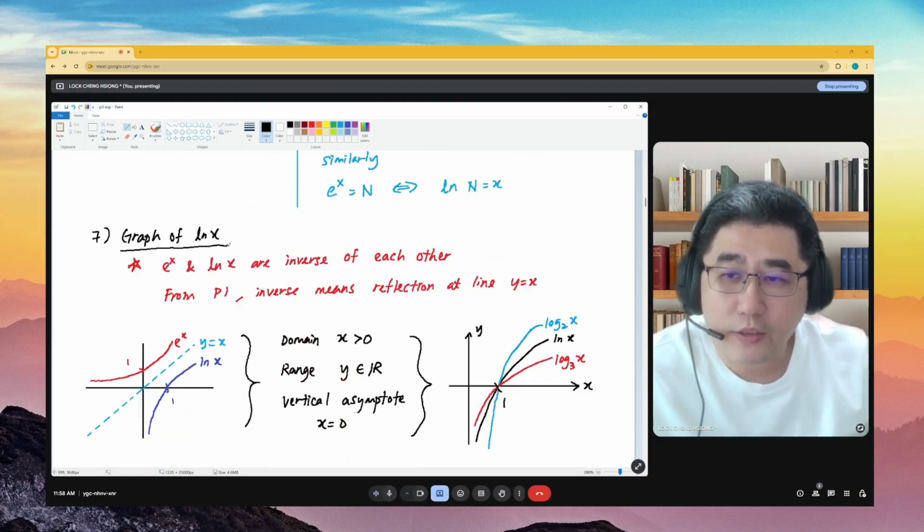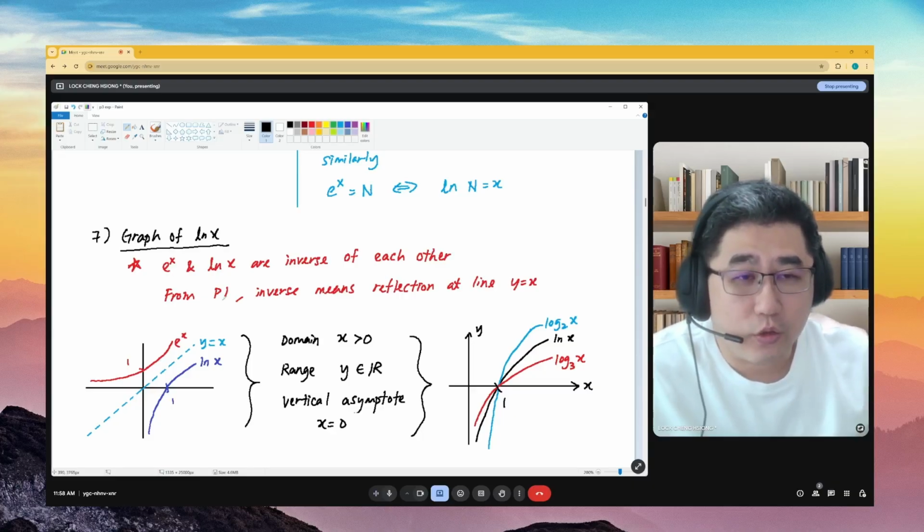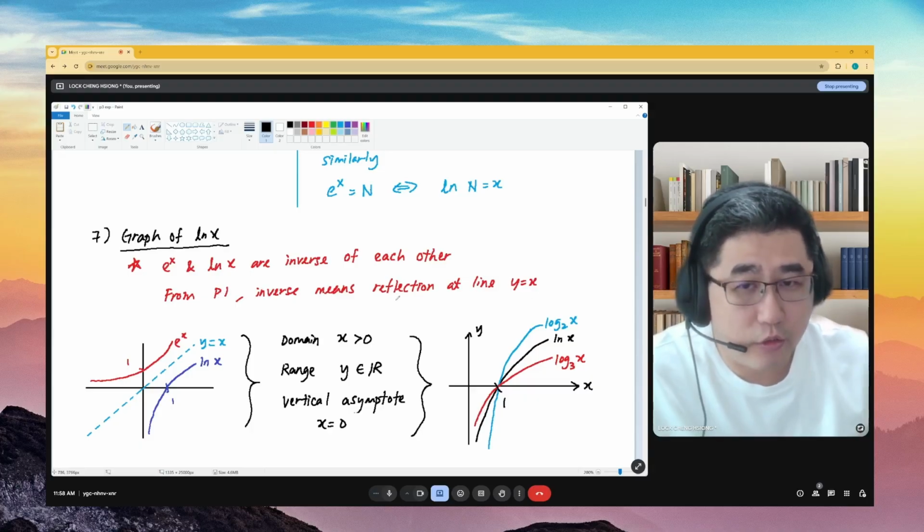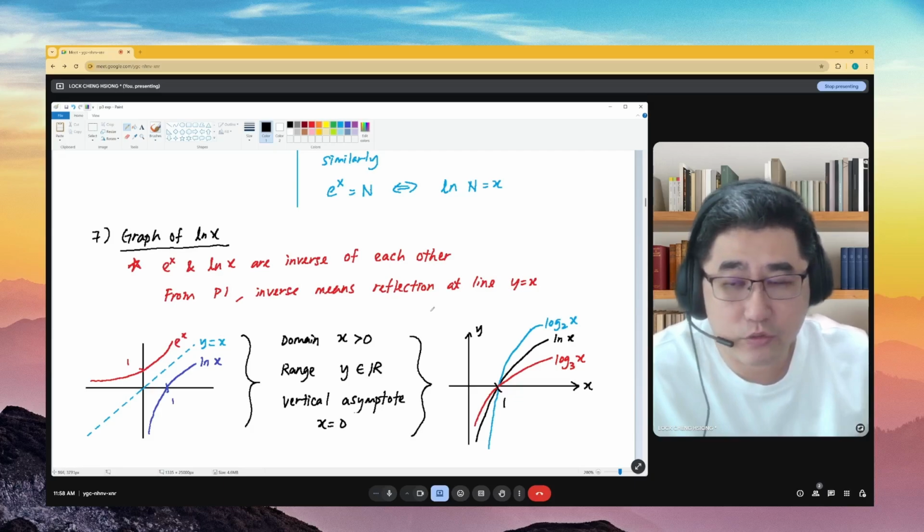Graph of ln x. Please note that e^x and ln x are inverses of each other. You already learned inverse functions from P1. Inverse here means you have a reflection in the line y equals x.